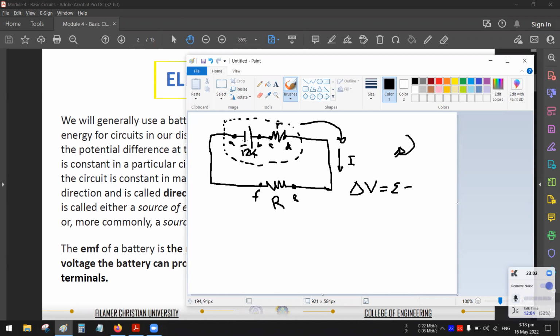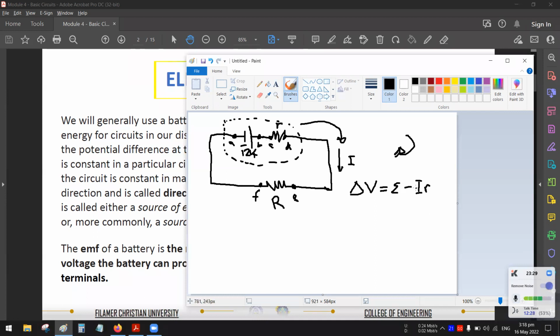But outside na sa circuit, since meron tayong specific current and an internal resistance of your battery, sasubtract natin. Okay? So that is minus the product of your current and your internal resistance.